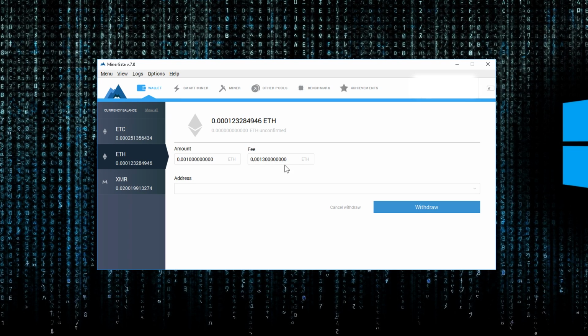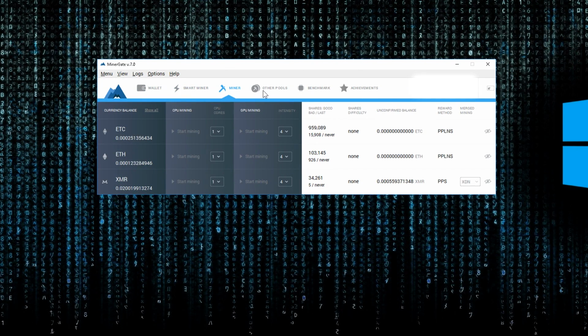So it's better to put a little bit more fee, or just put it at the fee that is recommended here, or just ask people what is a good fee amount, and do your research on that. So you need a fee. The miners need to be rewarded for the transaction, and so you can send your currencies.